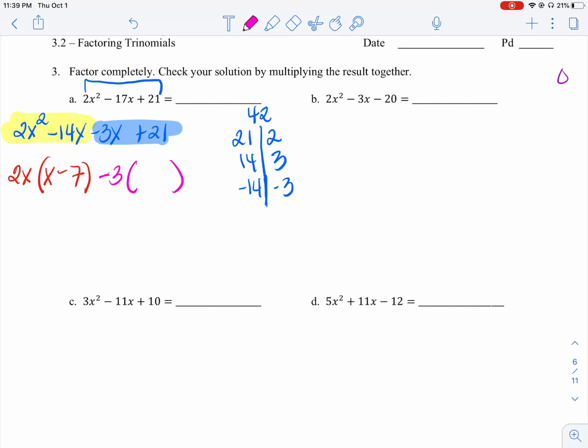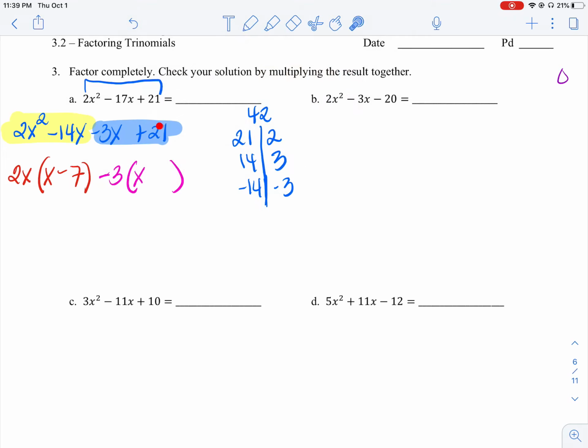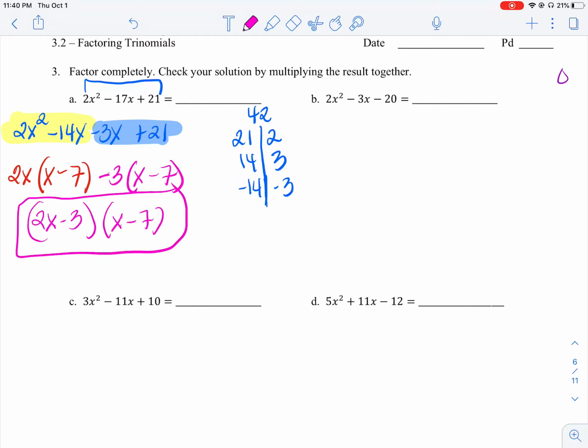That is x. And then you do 21 divided by negative 3. That's a negative 7. So your final answer is 2x minus 3 and x minus 7. And done. All right, moving on.